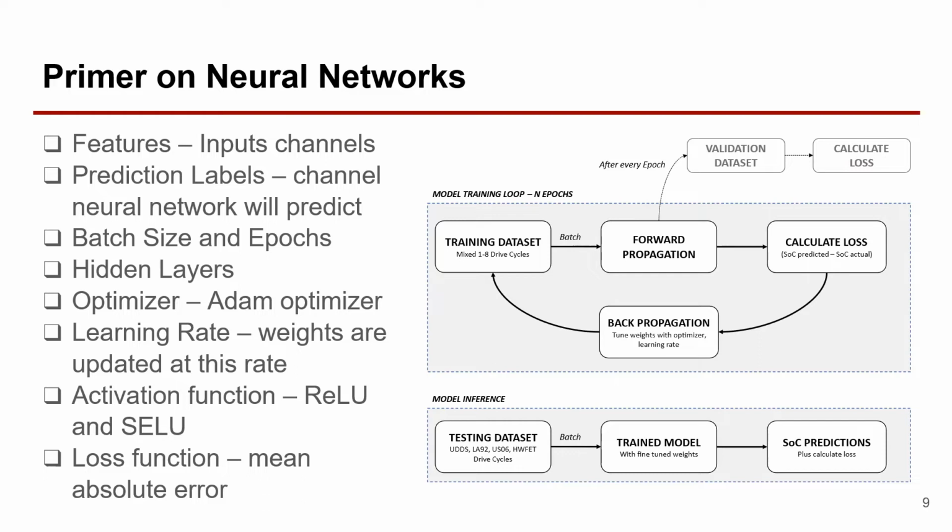Then the activation function is a non-linear function that is computed against each unit of a hidden layer. It is this non-linearity that allows the model to fit non-linear predictions. In this project, the rectified linear unit ReLU is used for DNN and CNN, while the scaled exponential linear unit SELU is used for LSTM. The loss function computes the error between the predicted label and the actual label, and the objective of training is to minimize this function.